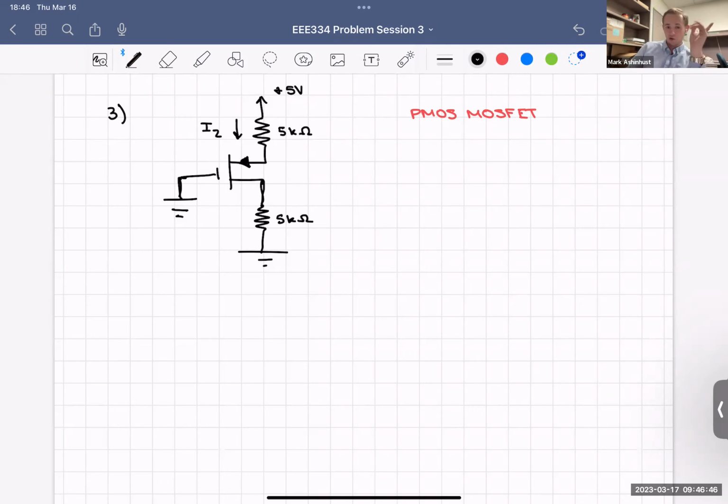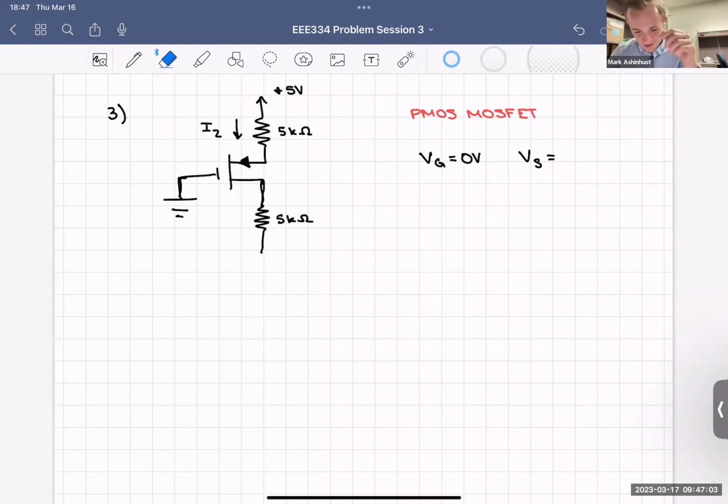Then the next thing is our source is tied to ground, but so is something else now. Our gate's tied to ground. So actually our VG is equal to 0 volts. We don't know what VS is though. Because I also wrote this wrong. This is a 5K resistor, and this is -5 volts.